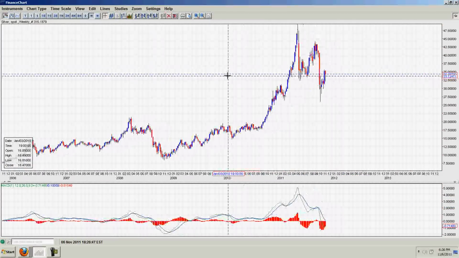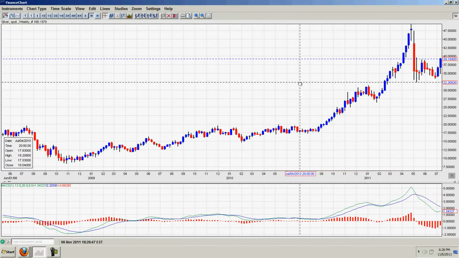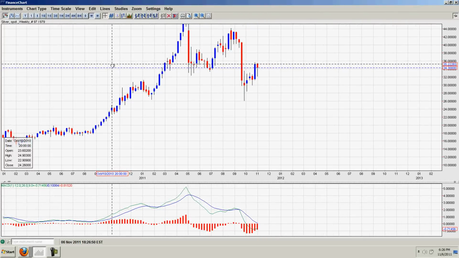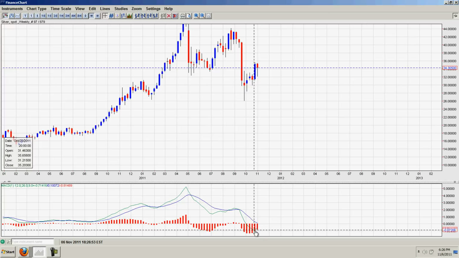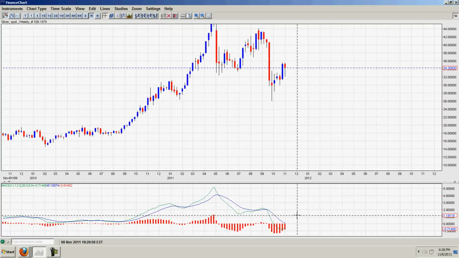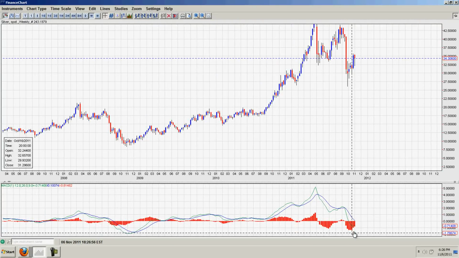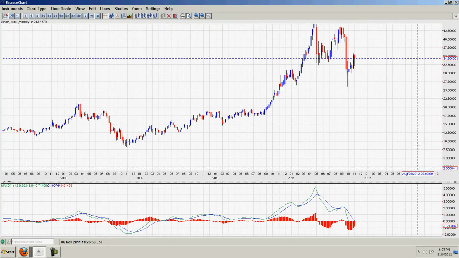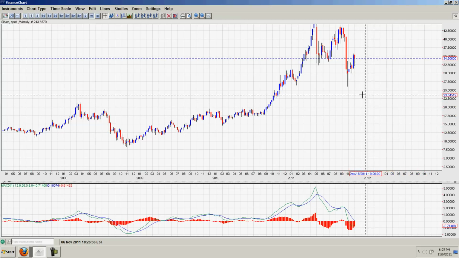I think it's going to hold. I don't think that we're going to test any lower than we already have. I think with this MACD beginning to form a bottom and rounding up, when we do see a crossover on this weekly MACD back up into the positive, I think that's when we're going to get our move.